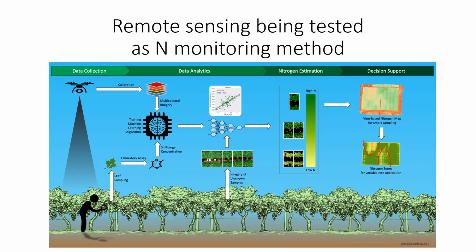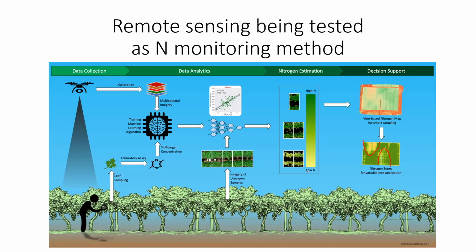And then we're out there collecting tissue samples from the same leaves that he's imaging. And he's feeding these tissue sample data into some algorithms with the reflectance data, and actually using artificial intelligence to try to develop good algorithms that can predict the nutrient content of grapevine leaves on individual vines, and generate a map of a vineyard that shows you zones of sufficiency in the vineyard.